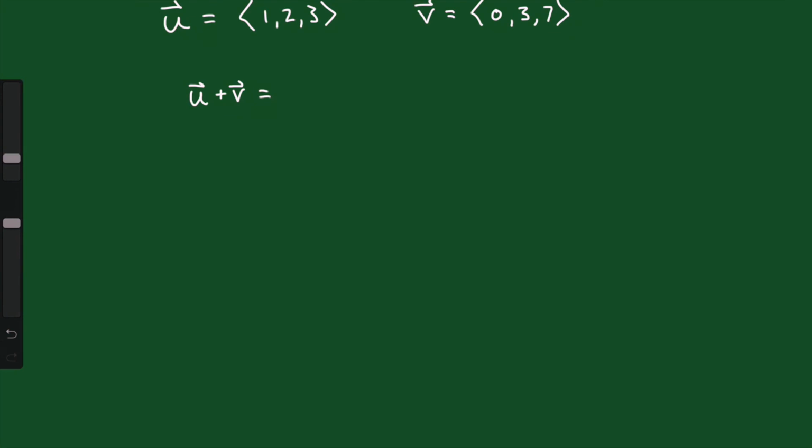It's just I add each component. So I just get 1 plus 0, 2 plus 3, 3 plus 7, which of course is just 1, 5, 10.